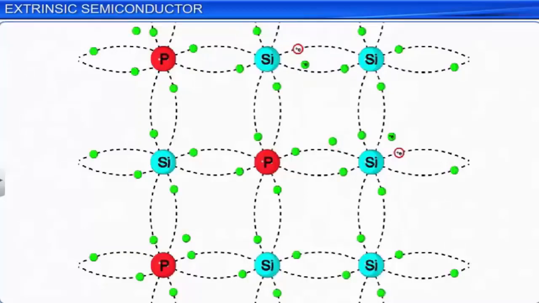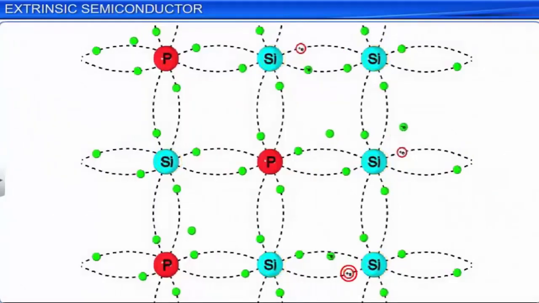But the total number of holes, Nh, is only due to the holes from the intrinsic source. Due to the increase in the number of free electrons, the rate of recombination of holes increases. This gives rise to a reduction in the number of holes effectively as compared to the number of free electrons available for conduction.